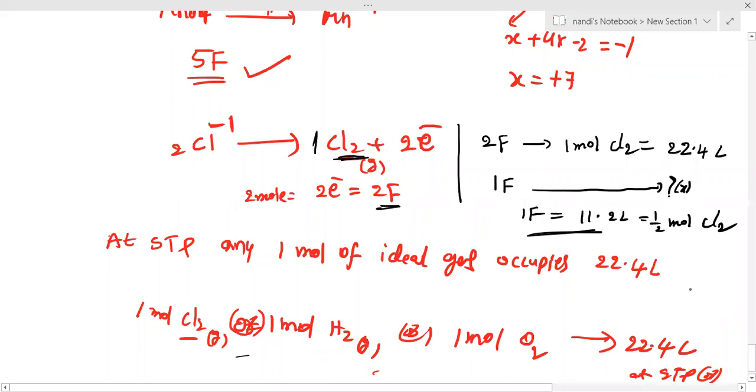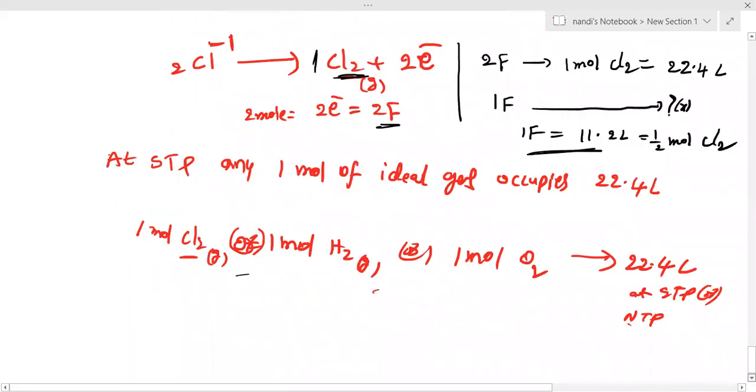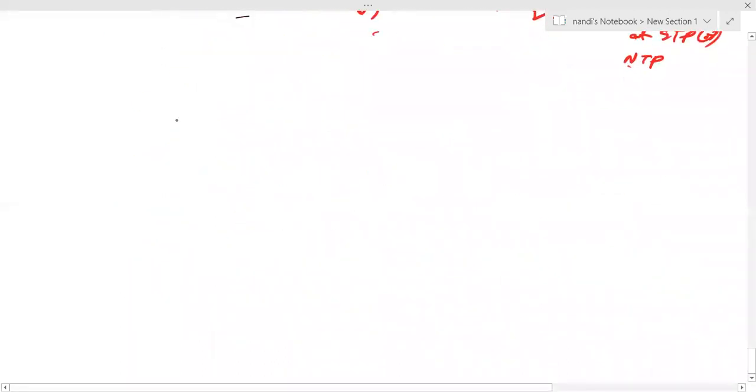Can I move further? For example, here O2, sir. Yesterday also I discussed. This is O 2 minus. We get O2 plus 4 electrons. 4 electrons means we are getting only 1 mole of O2, sir.